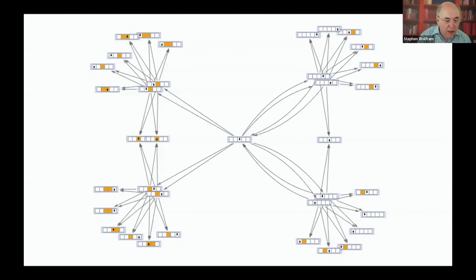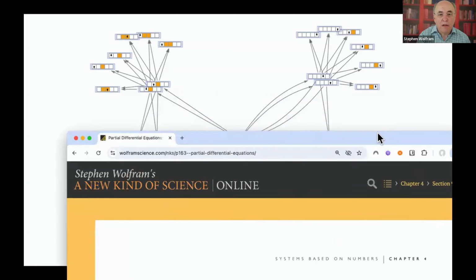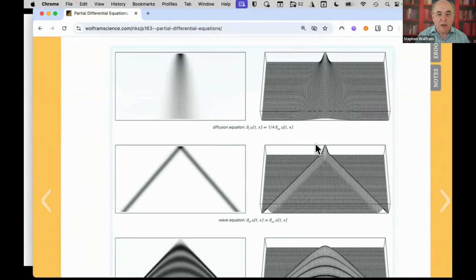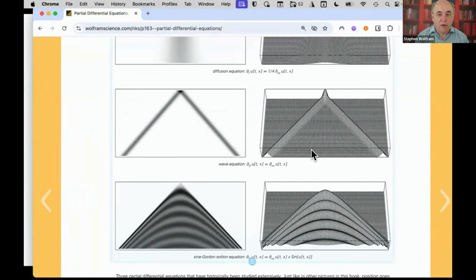Let me pull something up here. You've seen all these cellular automata, but what happens in systems based on numbers? Let's take a look at, for example, PDEs. There are some typical PDEs: the diffusion equation, the wave equation, the sine-Gordon equation.